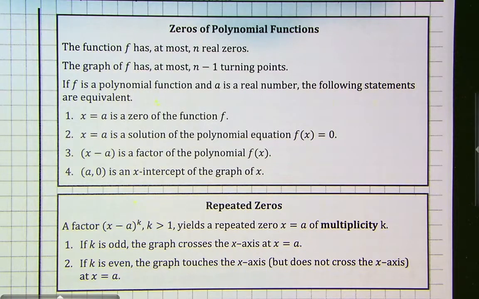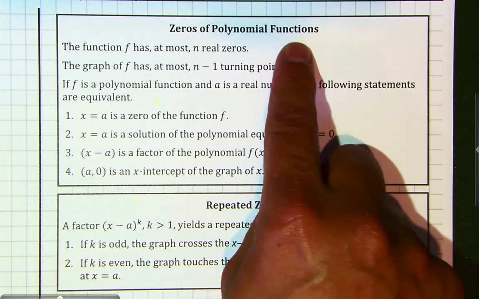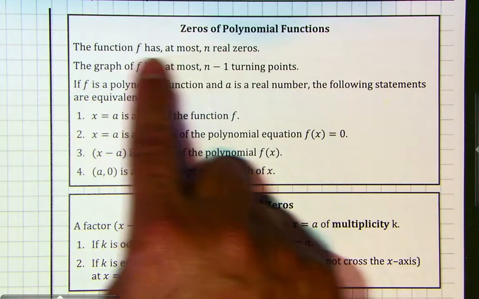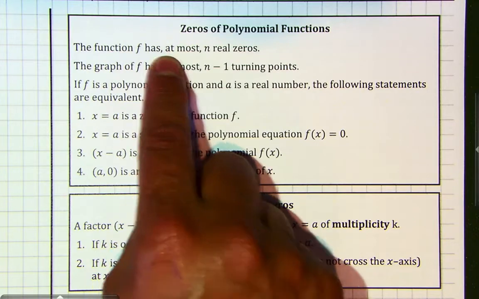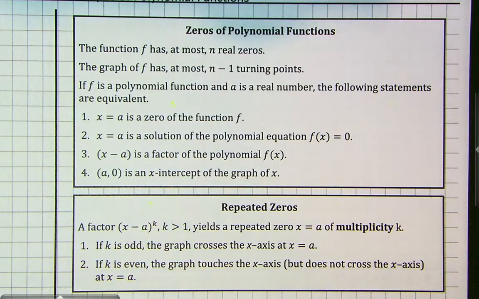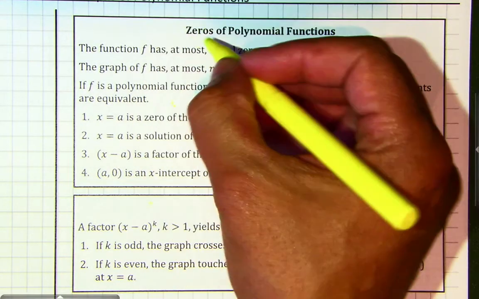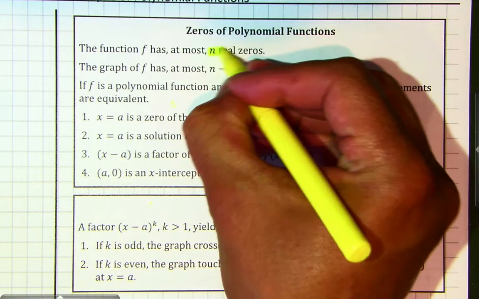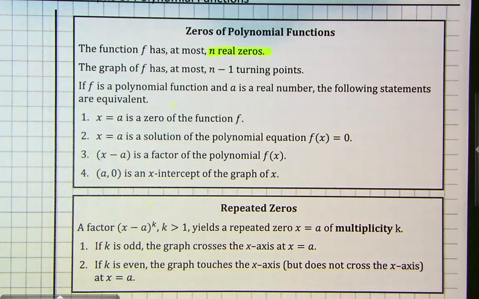Excellent. So, zeros of polynomial functions. The function f has at most n real zeros. The keyword is at most, correct?